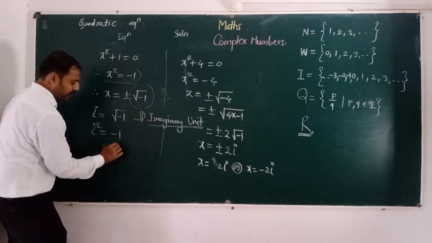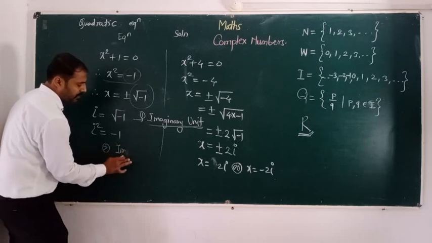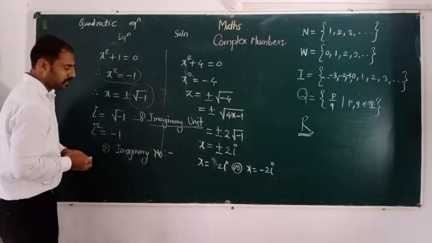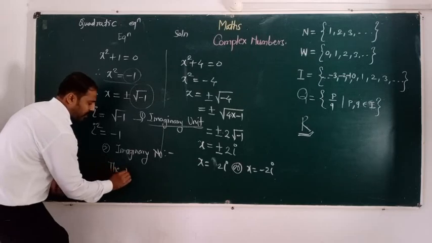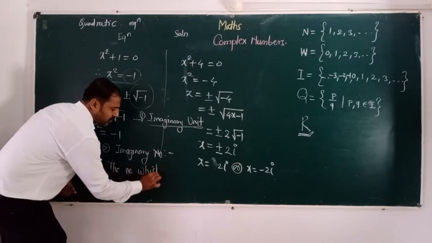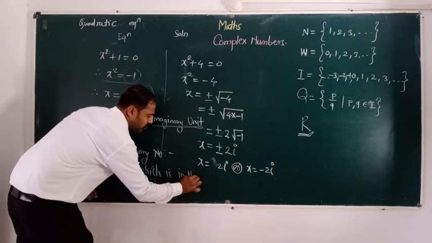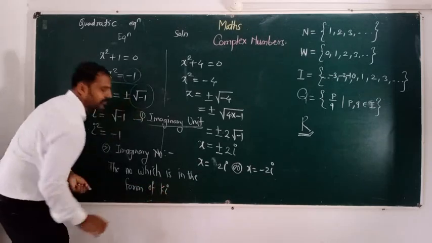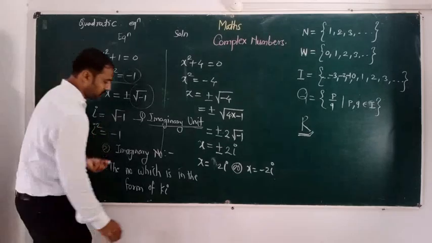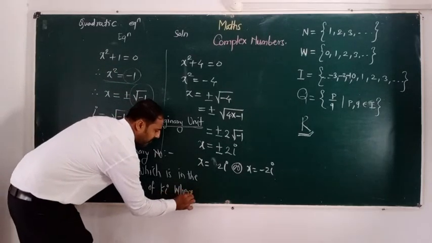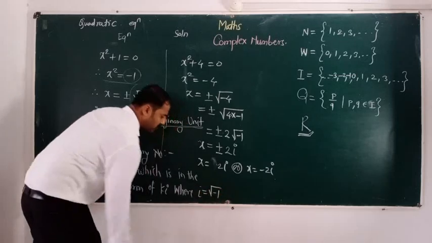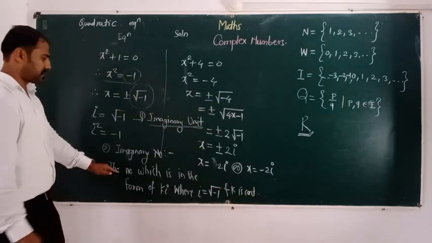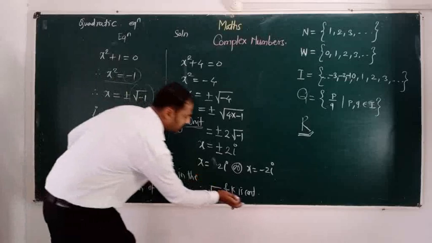Second is imaginary number. Imaginary number means a number which is in the form of k into i, where i is equal to square root of minus 1 and k is any constant.